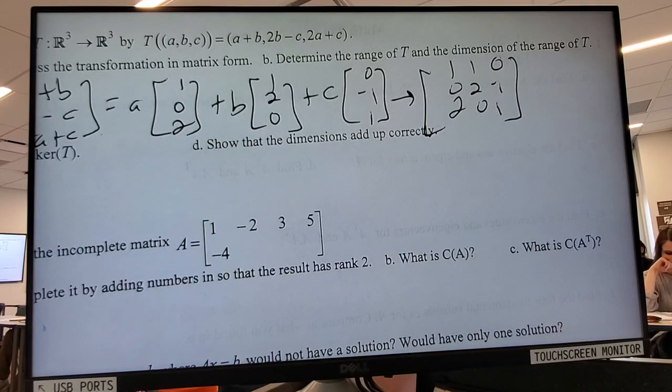If you think about it, the range of this transformation is exactly like me saying what's the range of this function. Since the transformation can be captured by a matrix, the range of the transformation is equal to the column space of the matrix. Because what is the column space? It's everything that matrix can create.